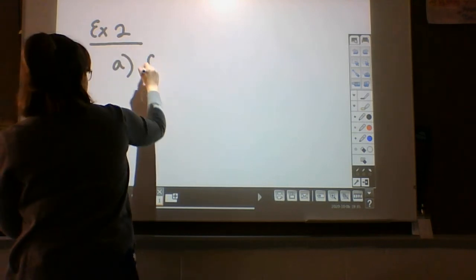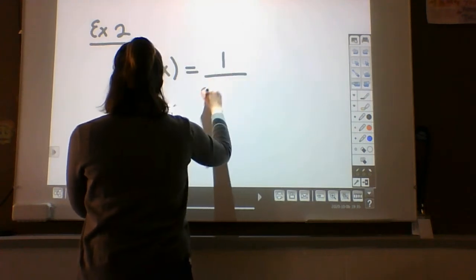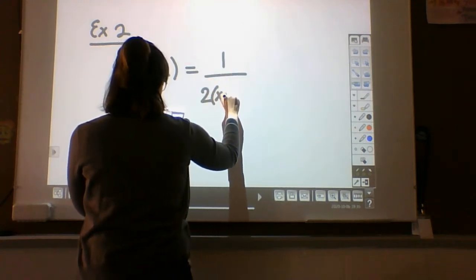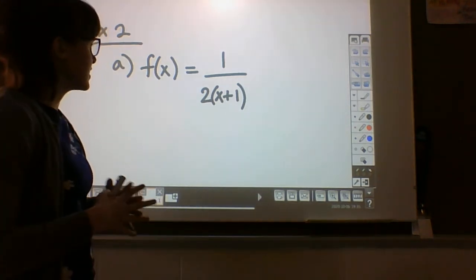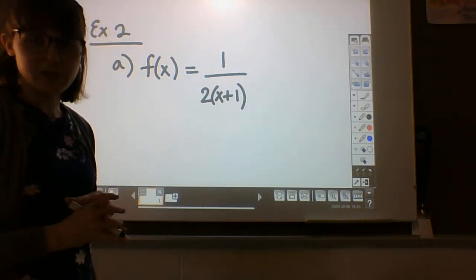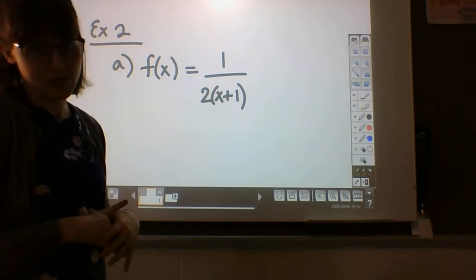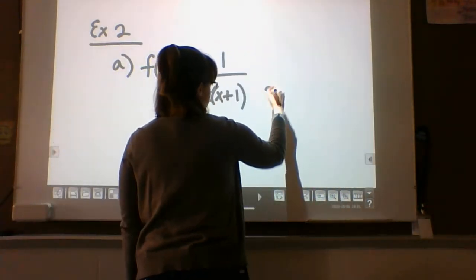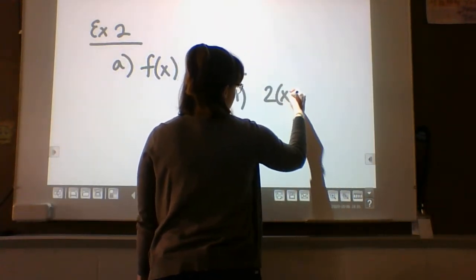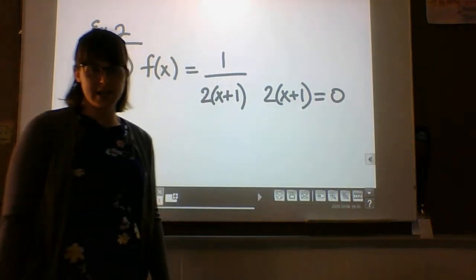Okay, so the first one says f of x equals 1 divided by 2 times (x plus 1). So we're asking ourselves here really, is there some number that would make the bottom of that fraction equal to 0? To do that, we're going to take the bottom of the fraction, 2 times (x plus 1), and set it equal to 0, and we're going to solve for x.